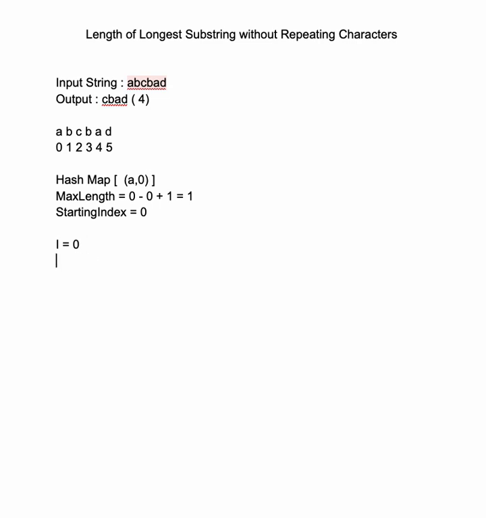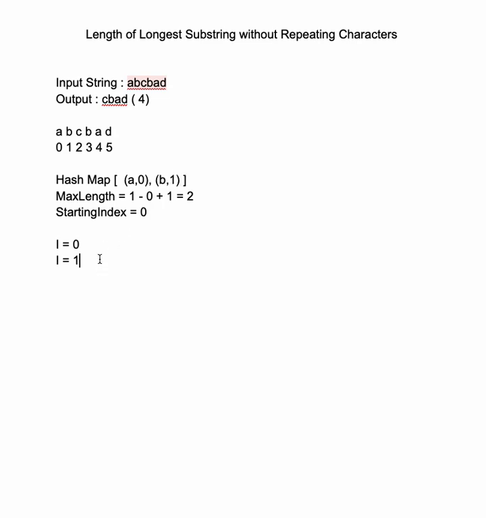Now at I equal to 1, the character B is not within the hash map. So first we need to update the max length. So the max length will be, since I equal to 1, it is 1 minus 0 plus 1, which is equal to 2, and we will be updating the hash map, which is B comma 1.